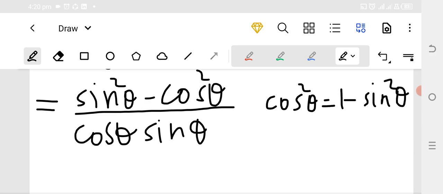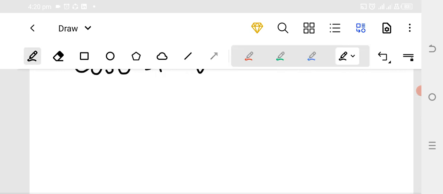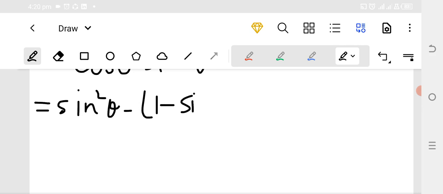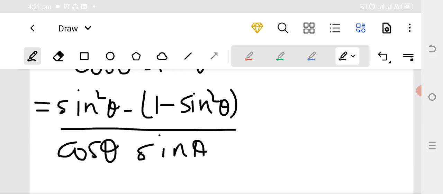So I'm going to use that identity where we are going to say is equal to sine theta squared minus, so 1 minus sine theta squared. Then you are going to divide by cos theta sine theta, like that.